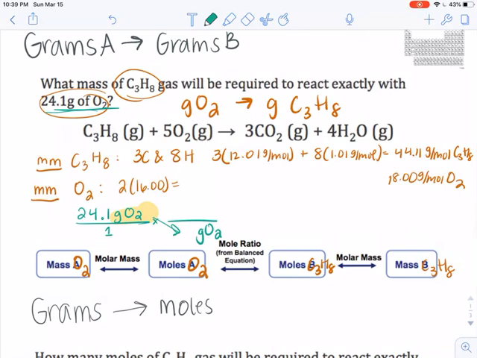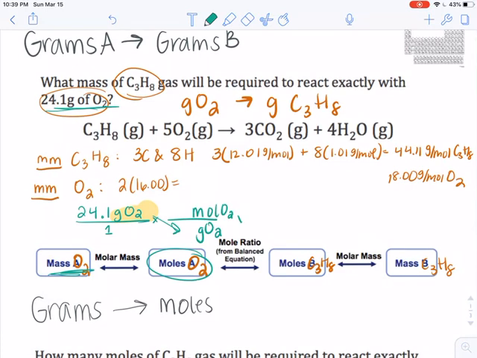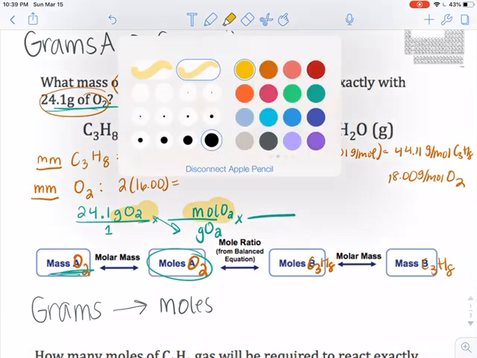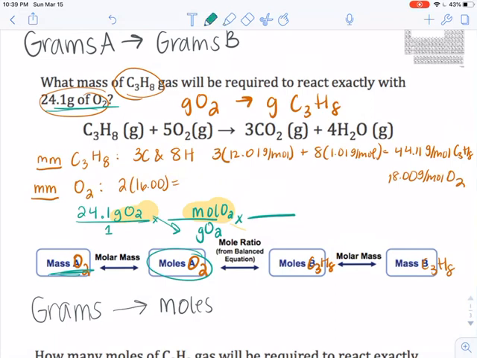And I'm going to want to go from grams of O2 to moles of O2. Moles of O2 will go on top. Since I have moles of O2 here, it will go right here, below. I'm all the way right here on the periodic table of elements, so I want to go to moles of C3H8.